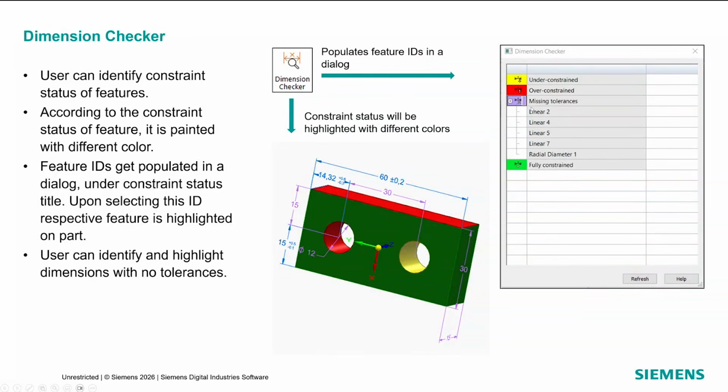And these will have all feature IDs. So if you expand the dimension checker and click on any of these dimensions, they get highlighted on the model and vice versa. So the goal here is to run the dimension checker once and make sure that it is running. And then you can start adding the necessary dimensions or take out necessary dimensions.